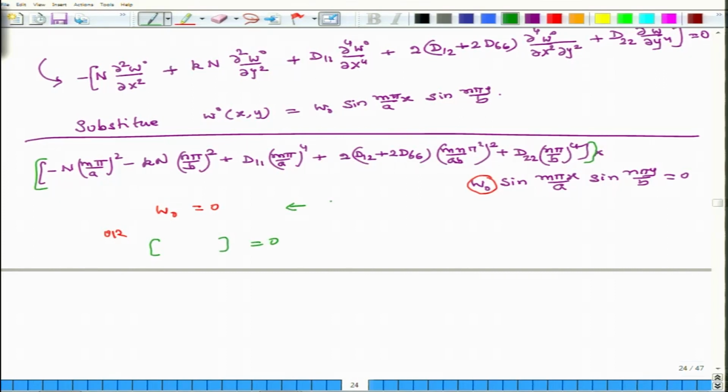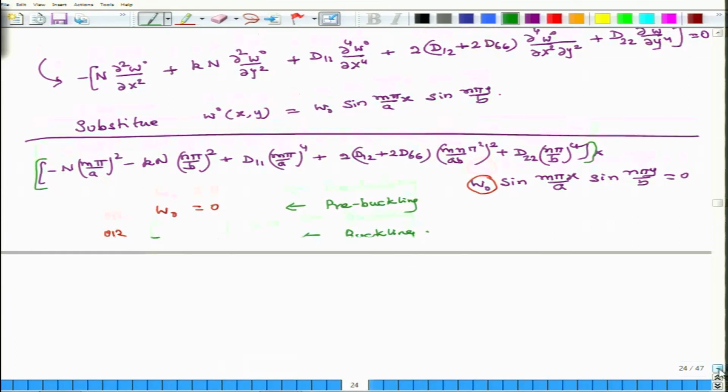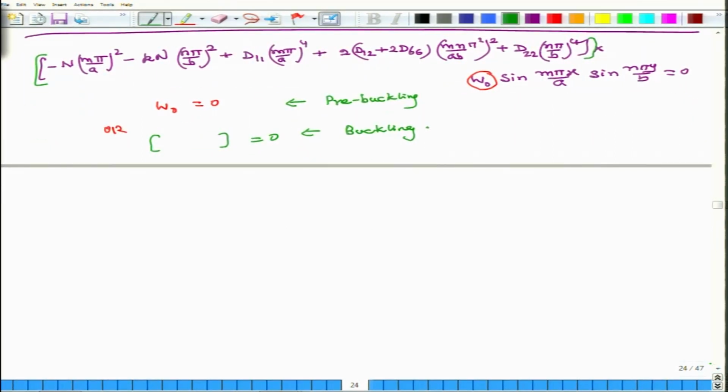So, that is my pre-buckling solution, and this is buckling solution. Pre-buckling solution and buckling solution. Okay. So, we look at the buckling solution.